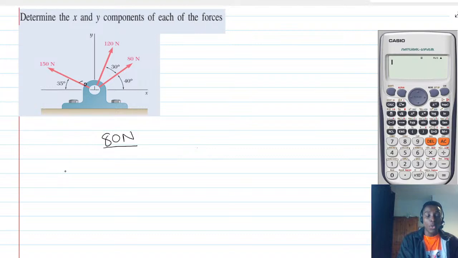So then, with the 80 Newton force, by the way, the x component of the force is going to be what? Okay, so before we start, let's assign a convention. This is x, this is y. Positive, positive.